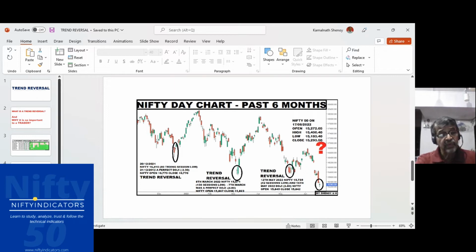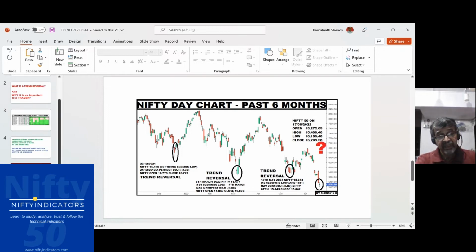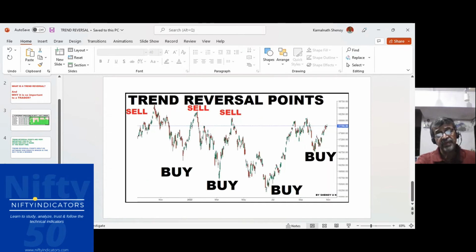If we know the right time and, close to that reversal signal, we take an entry, we have more chance of maximizing our profit.